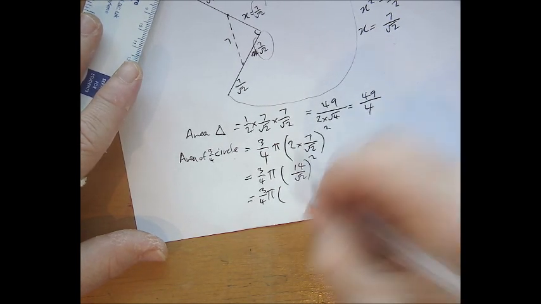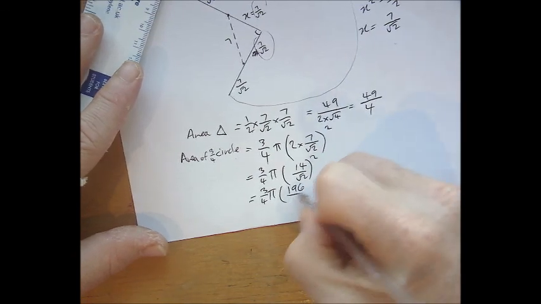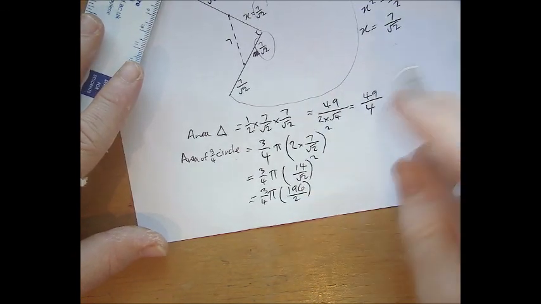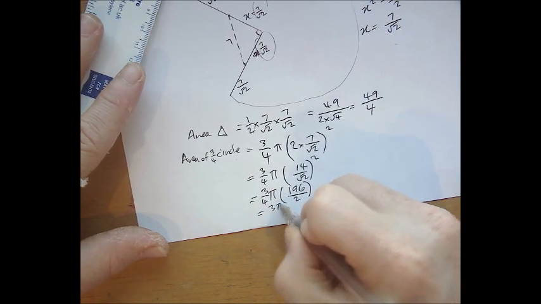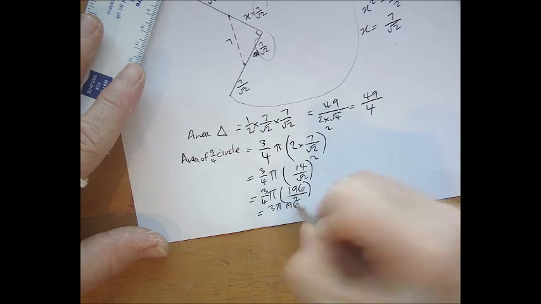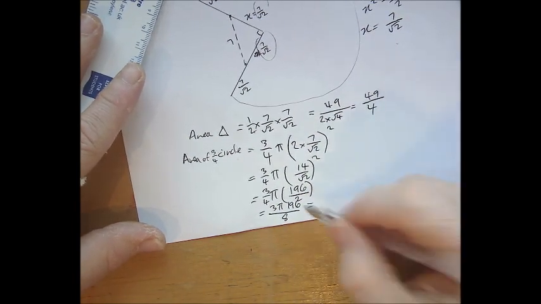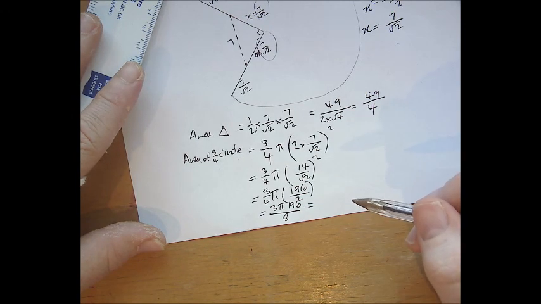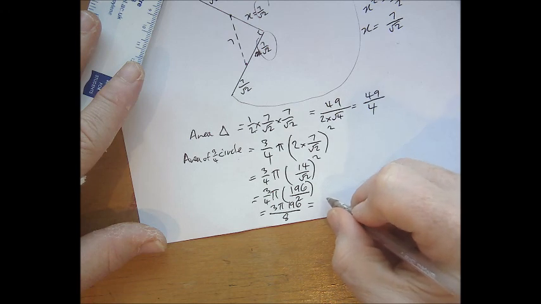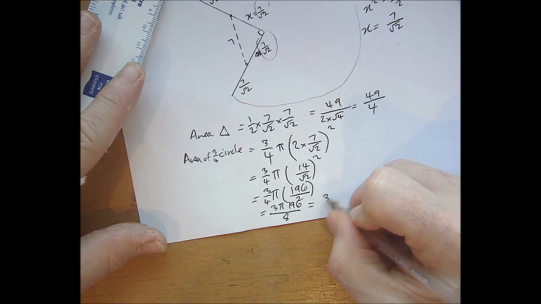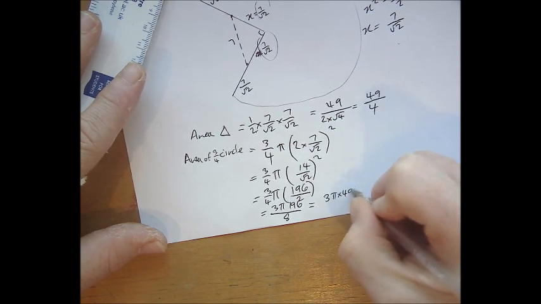Oh no, sorry, yeah, 196. Root 2 squared, you get 2. So it's 3 pi times 196 over 8. Dividing by 8 is easy, you just halve 3 times: halve once, 98, halve again, 49. So it's 3 pi times 49 all over 2.